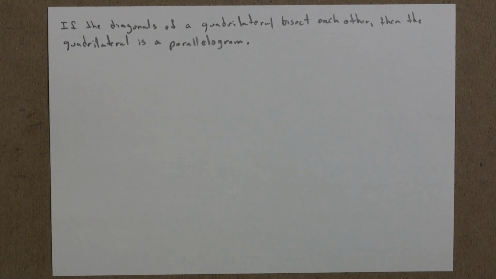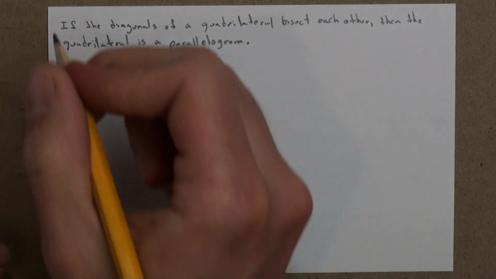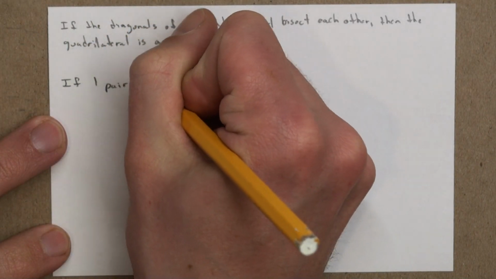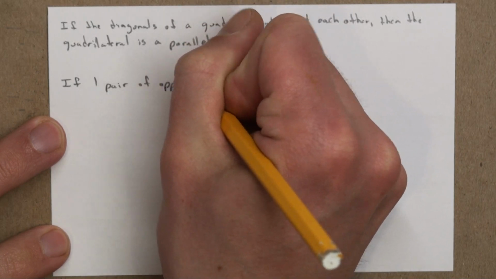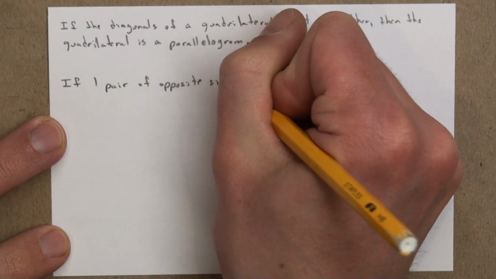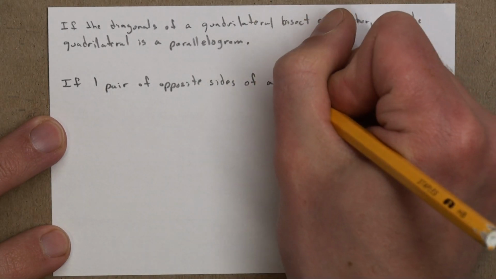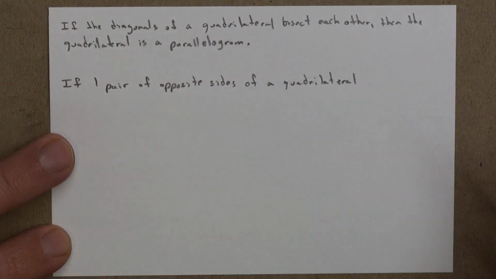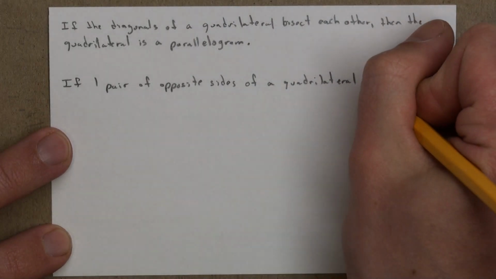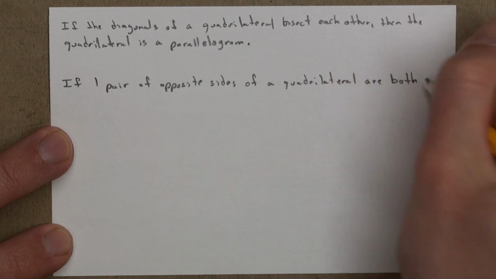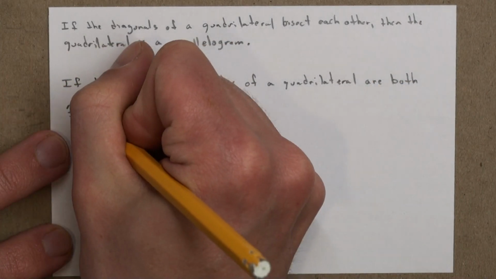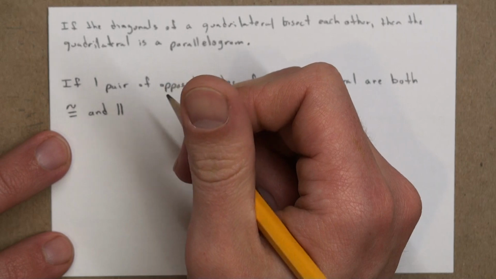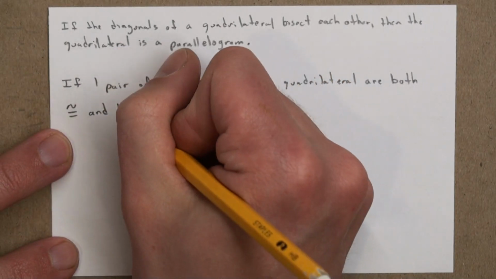And we have one more. If one pair of opposite sides of a quadrilateral are both congruent and parallel, then the quadrilateral is a parallelogram.